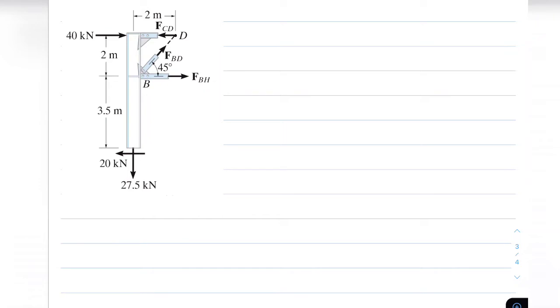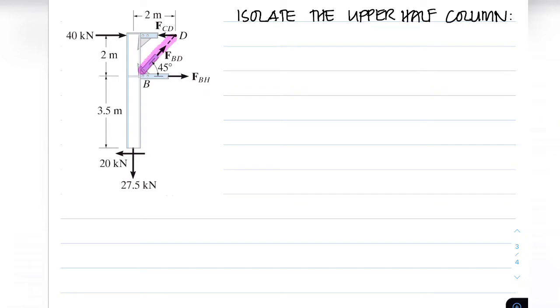Using the method of sections, we can now proceed to obtain the forces in members CD, BD, and BH. So we will isolate the upper half of the column. Here, we will be using summation of vertical forces equal to 0, which will give us the vertical component of the truss member BD.